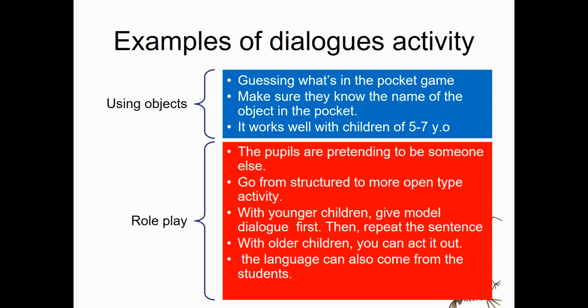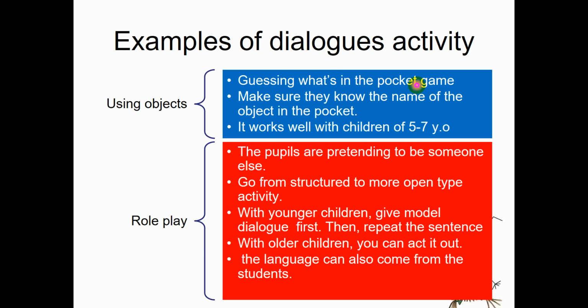If you want to create a dialogue activity, use objects. There are examples, for example, the guessing what's in the pocket game. You can make it in the form of a game. But remember, in the game, use the expressions.